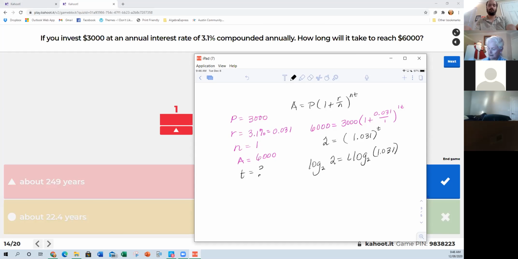I'm going to bring the t to the front and then just divide both sides by log base 2 of 1.031.